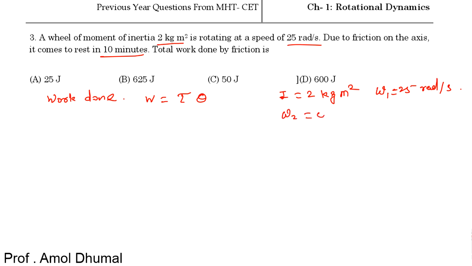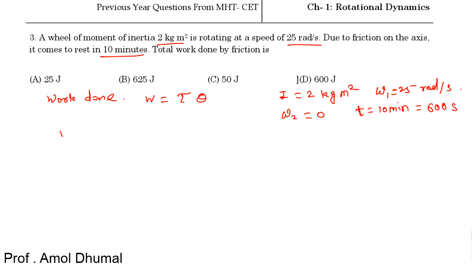Omega 2 is 0, so it comes to rest in t equal to 10 seconds. So this is the data which we have. So from this data we can find out the work W is equal to tau into theta.